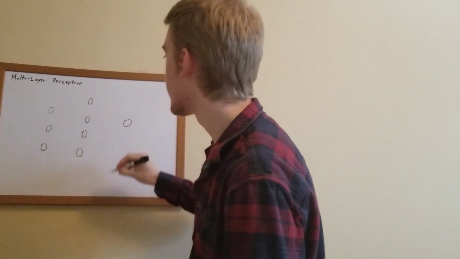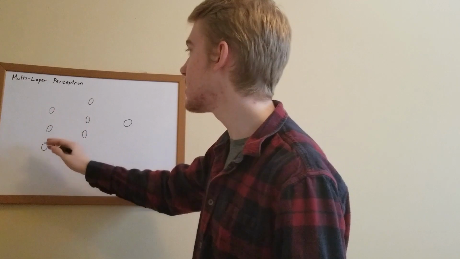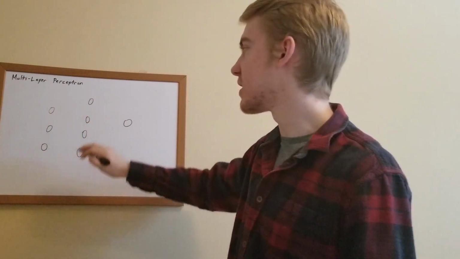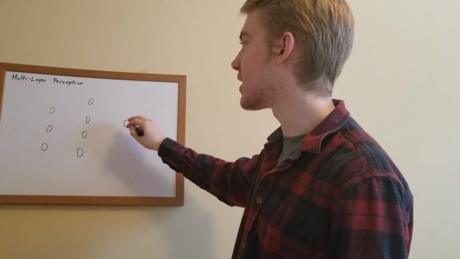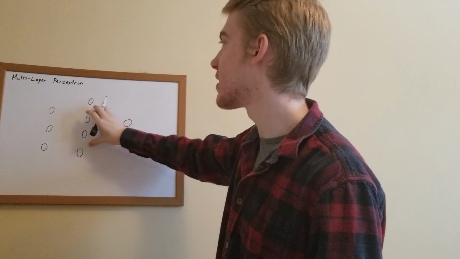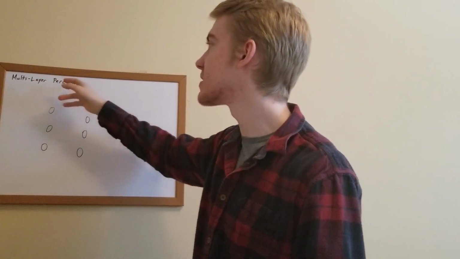You can have as many as you want, and then you'll have your output, which is going to be the price of the car. And now each of these inputs is going to be connected to each of these perceptrons. Then each of these perceptrons is going to be connected to this, as this perceptron's inputs are then these perceptrons' outputs. This is called a multi-layer perceptron or a neural network.